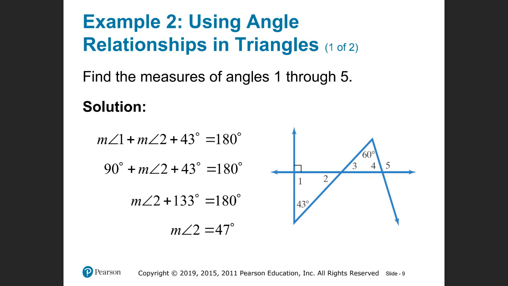That tells us that all four of those angles are 90 degrees. So we can substitute 90 degrees for the measure of angle 1. That gives us 90 degrees plus the measure of angle 2 plus 43 degrees is equal to 180. Solving for the measure of angle 2, we get 47 degrees. So now we know the measure of angle 2.